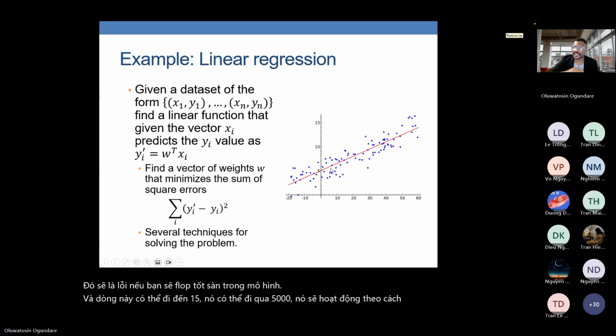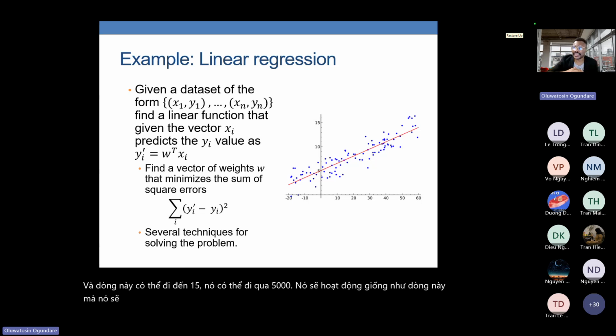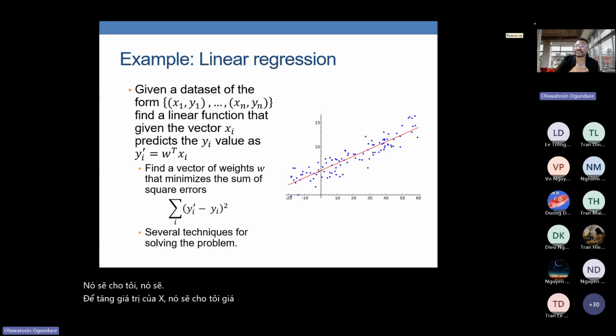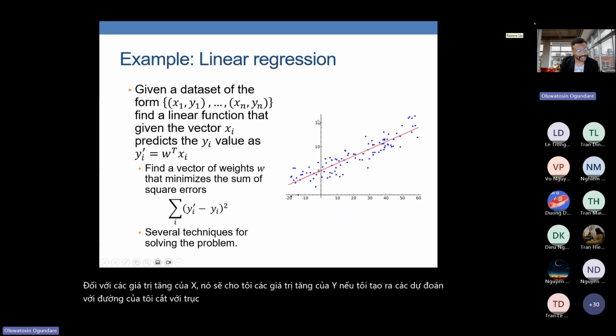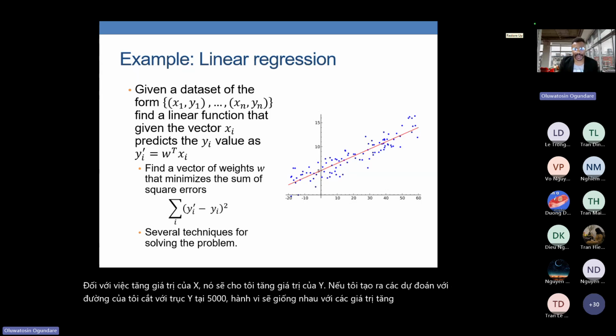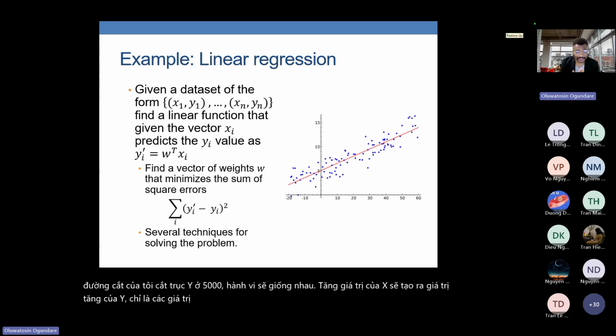For increasing values of X, it will give me increasing values of Y. If I generate predictions with my line that intersects the Y-axis at 5,000, the behavior would be the same. Increasing values of X will produce increasing values of Y, just that the values would be quite a bit larger than what I expect.